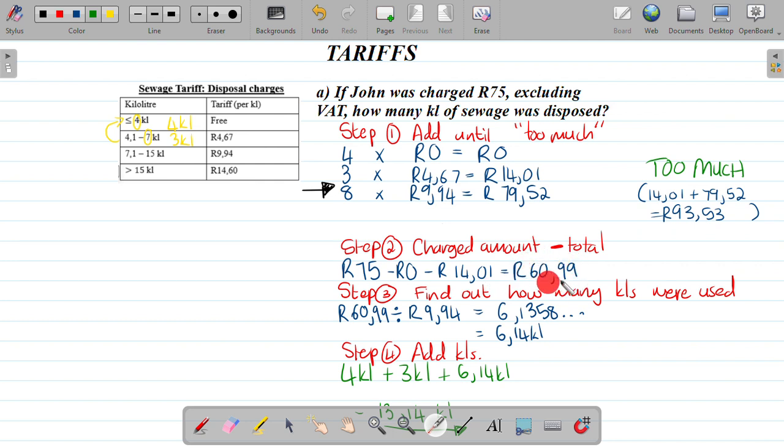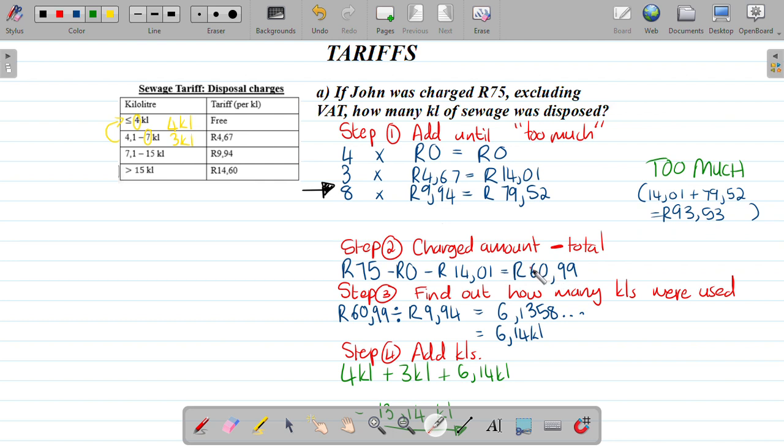And this price here was charged for a certain amount of kiloliters that falls into this tier over here. Now, Mr. Hing, how does that play any role? So excuse me, I'm going to tell you how we're going to use this price to determine the kiloliters.